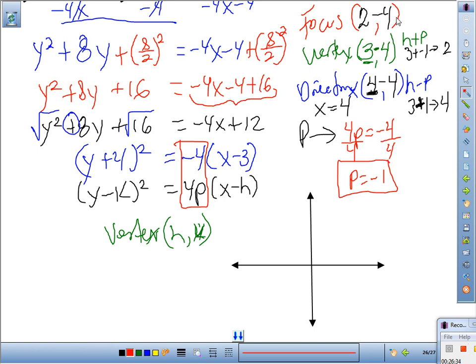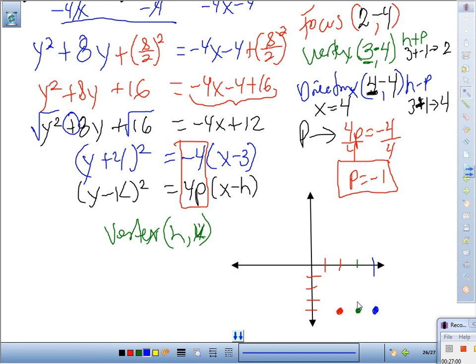What is my focus? 2, negative 4. 1, 2, 1, 2, 3, 4. 2, negative 4 is right there. What's my vertex? The vertex is 3, negative 4. 1, 2, 3, negative 4 is right there. What's the directrix point? 4, negative 4. 1, 2, 3, 4, and negative 4 is right there.